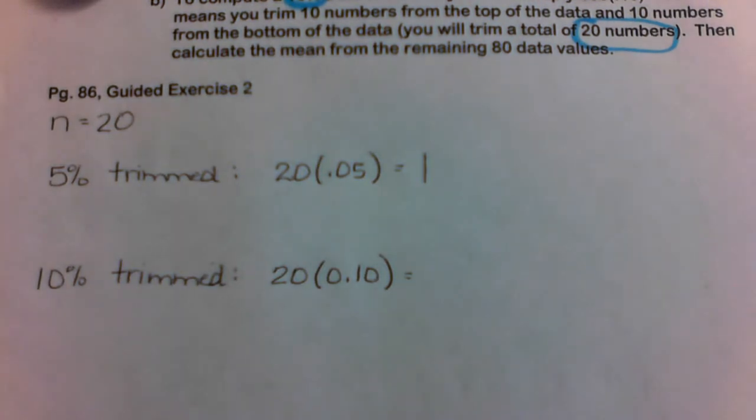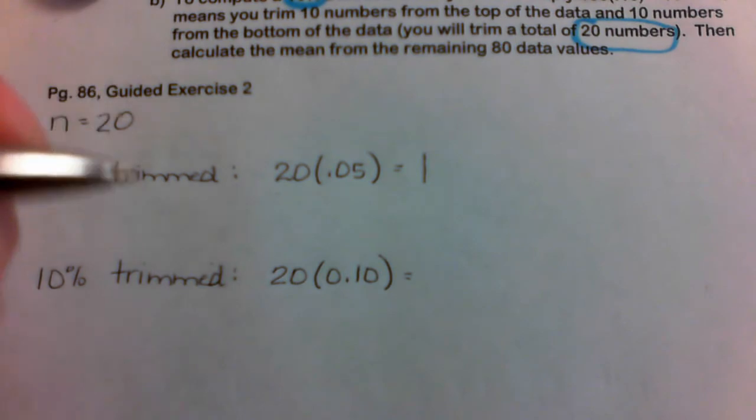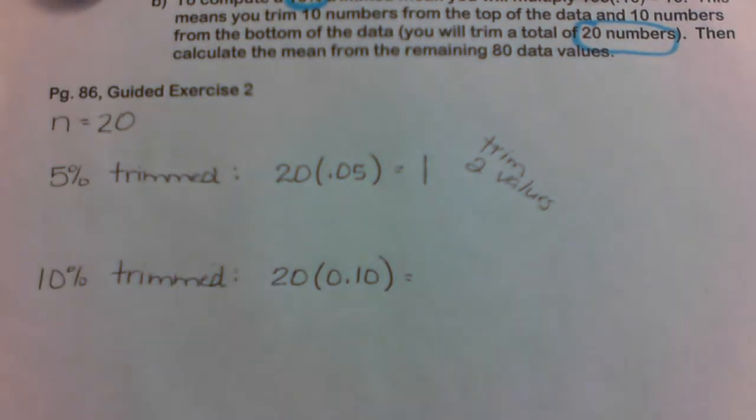Now, this is where you need to be careful. That means trim the smallest value and the largest value. So you're going to trim a total of 2 values. Then what you would do is you take those remaining 18 numbers, add them up, and divide by 18.